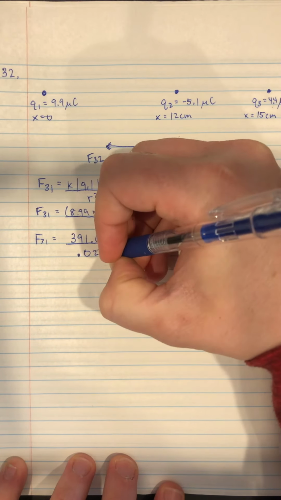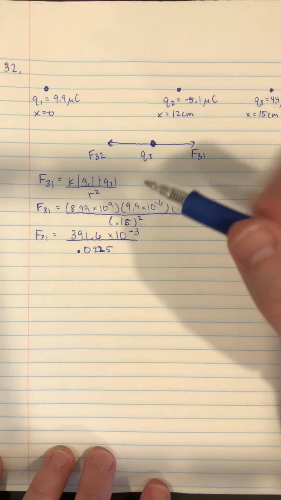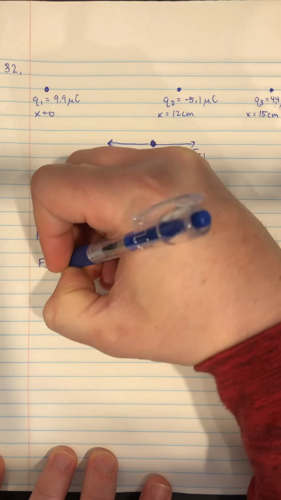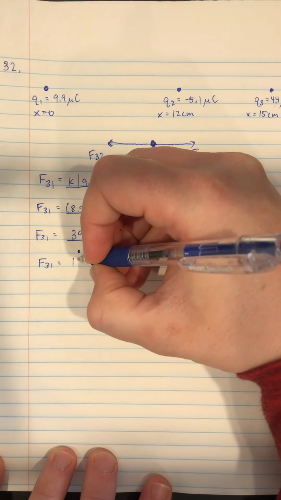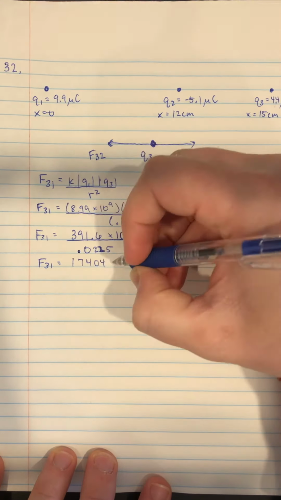We divide the front numbers, so 391.6 divided by 0.0225 will give us 17,404.4 times 10 to the negative 3rd newtons, right?